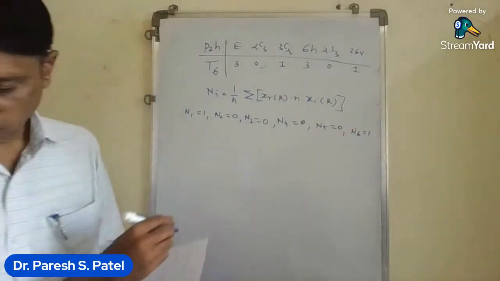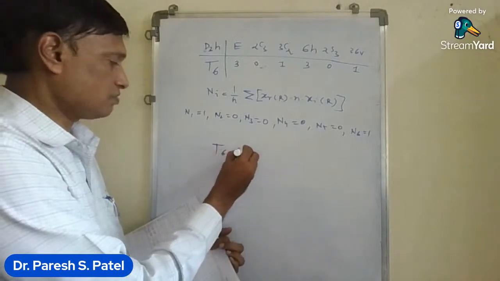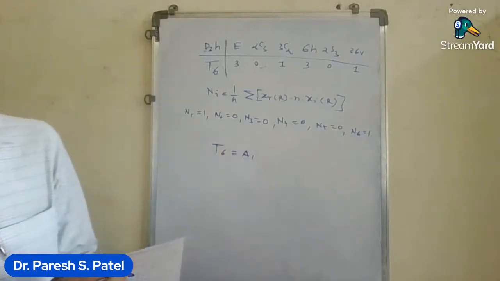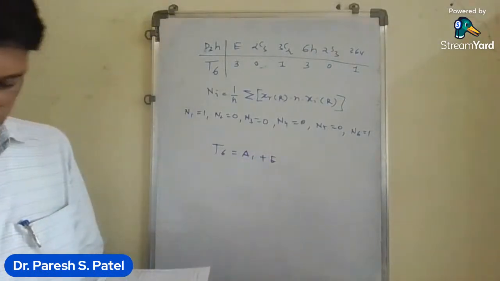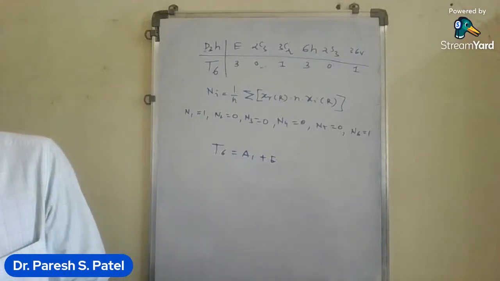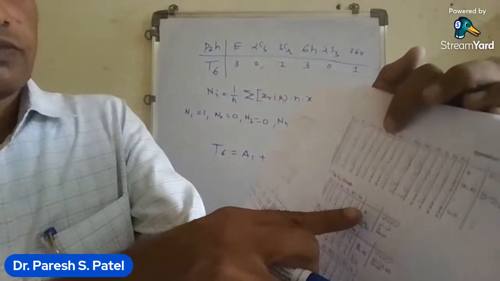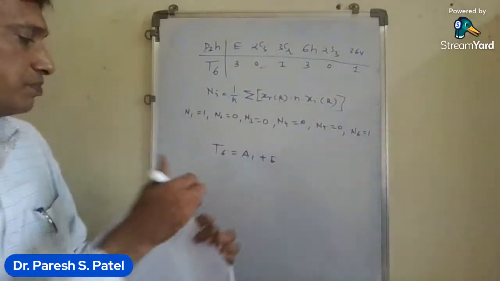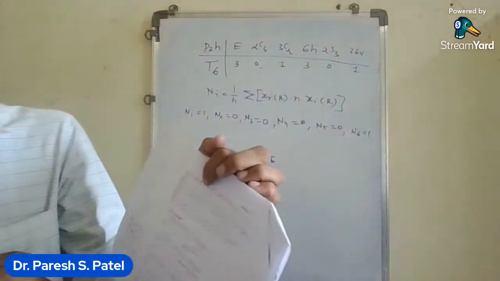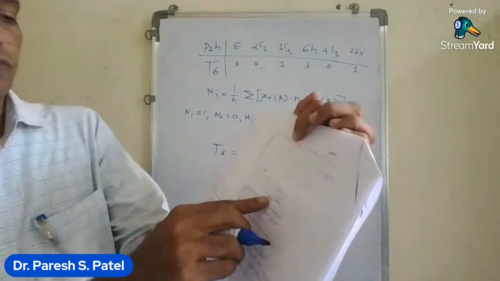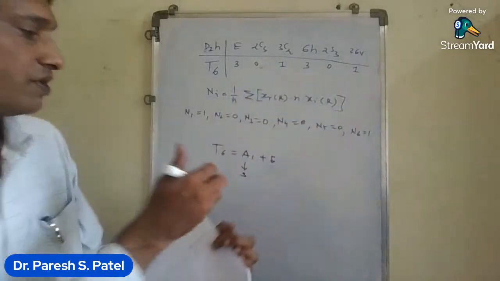It means we can predict that gamma sigma is equal to A1 prime plus E prime. In the character table, A1 prime is nothing but the s orbital, the contribution from the s orbital. And in the second one, E prime, it is x and y, which means the contribution from px and py.